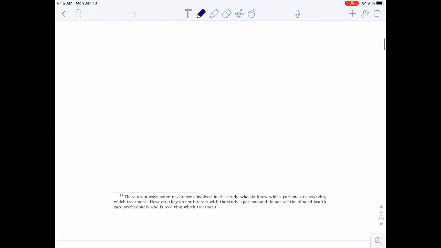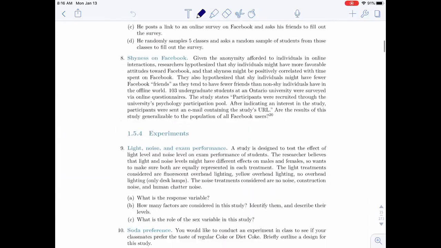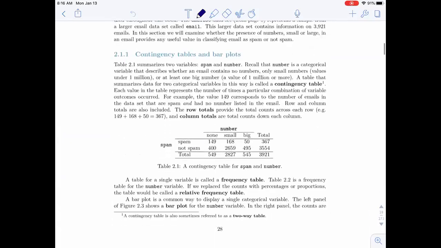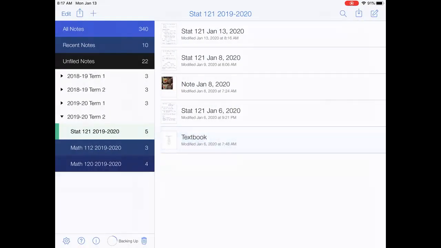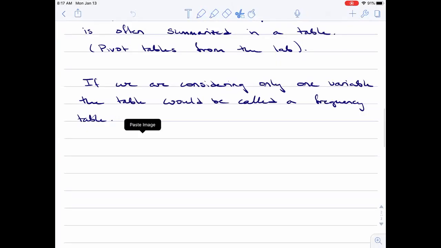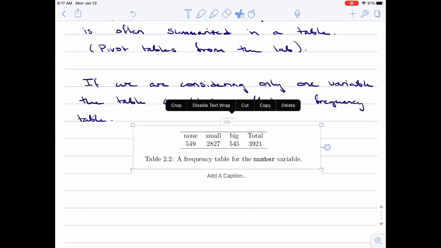So here, something that looks like this, right, would be a frequency table.